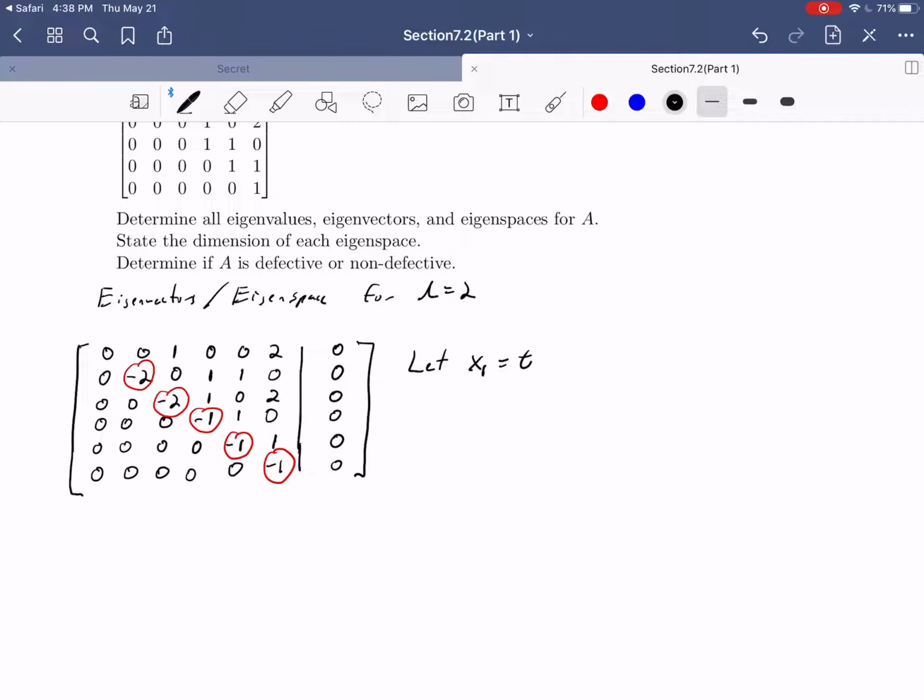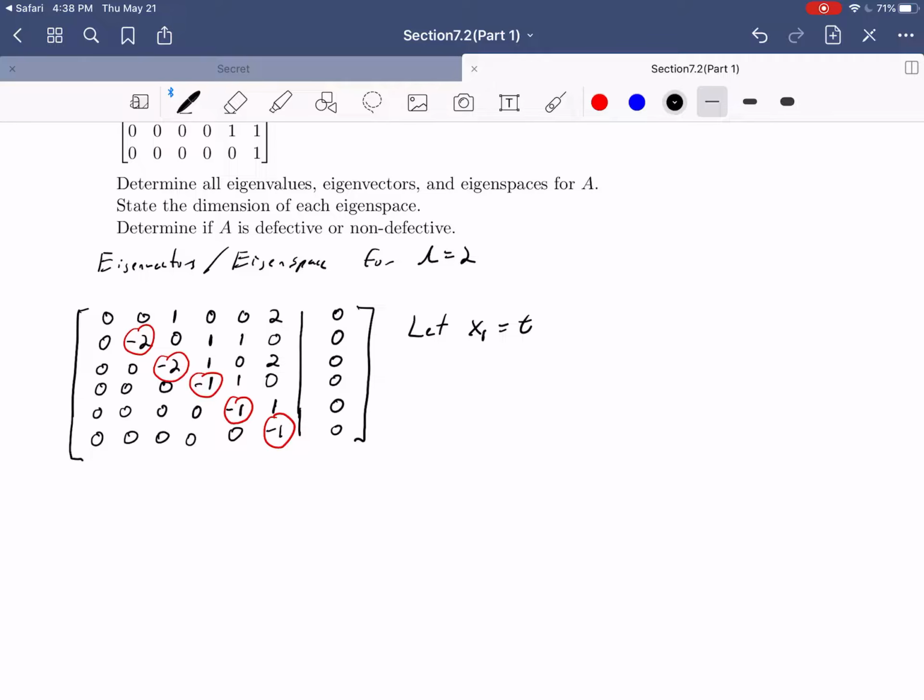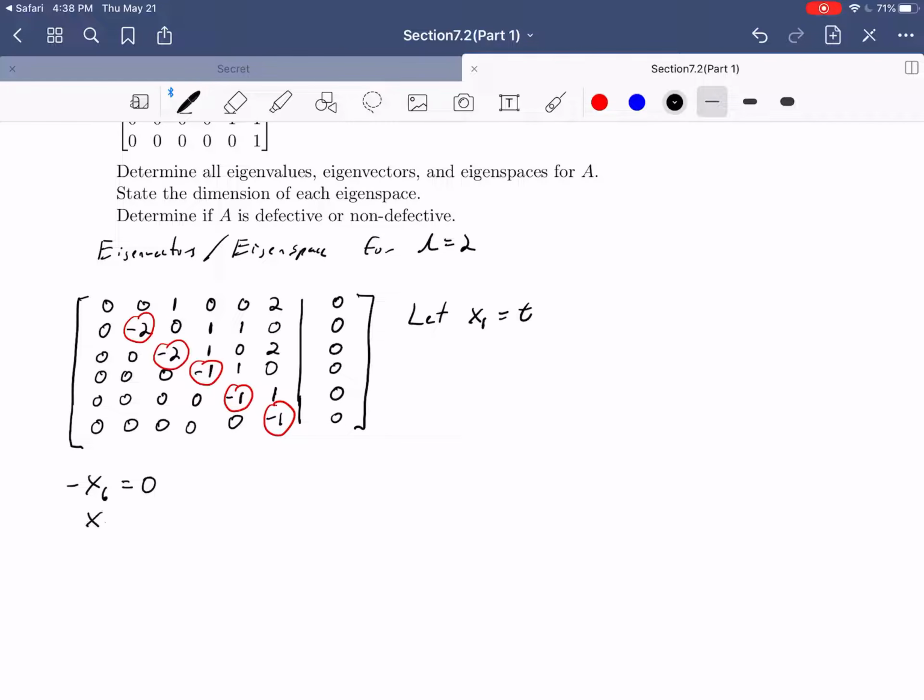I'll do this a little bit more quickly than we normally would, but notice that negative x6, as soon as I said we'll do it quickly, I make a mistake, that's karma. So negative x6 equals 0, that's x6 equals 0. Then negative x5 plus x6 is supposed to be 0. We just figured out x6 is 0, so that tells us x5 is going to be 0.